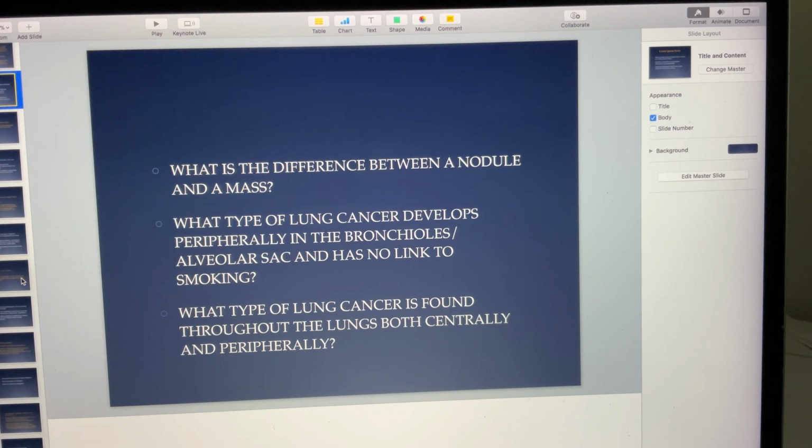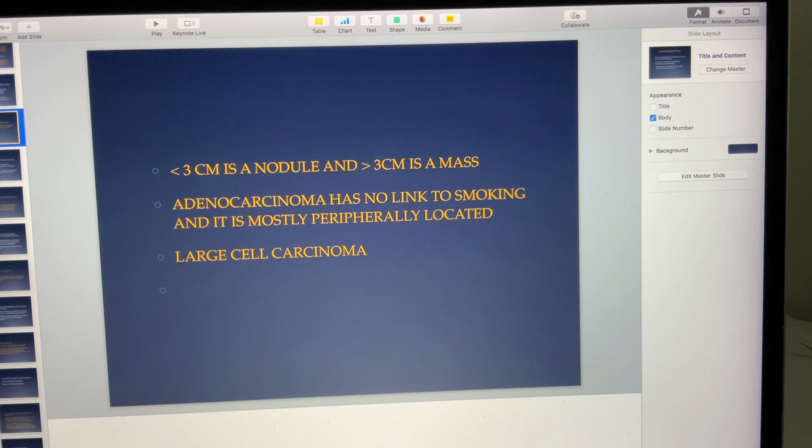All right, what is the difference between a nodule and a mass? What type of lung cancer develops peripherally in the bronchioles and has link to smoking? And what type of lung cancer is found throughout the lungs, but both centrally and peripherally? Okay, so the difference between a nodule and a mass is nodule is less than 3 cm and mass is greater than 3 cm.